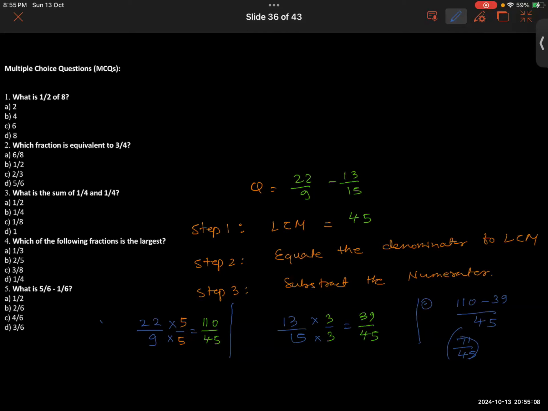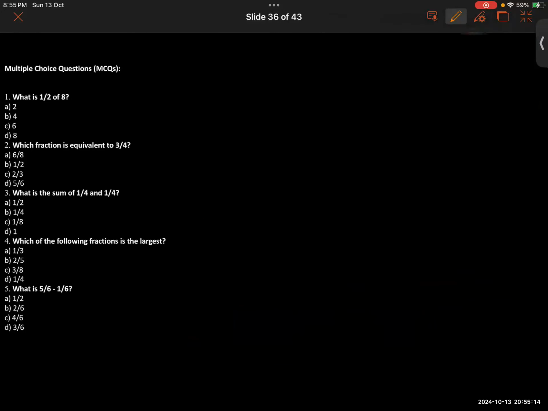So you're getting it. I'm going to give one more question on this. And you need to increase your speed of solving the questions. So now subtract. This is the question: 88 upon 17 minus 43 upon 15.